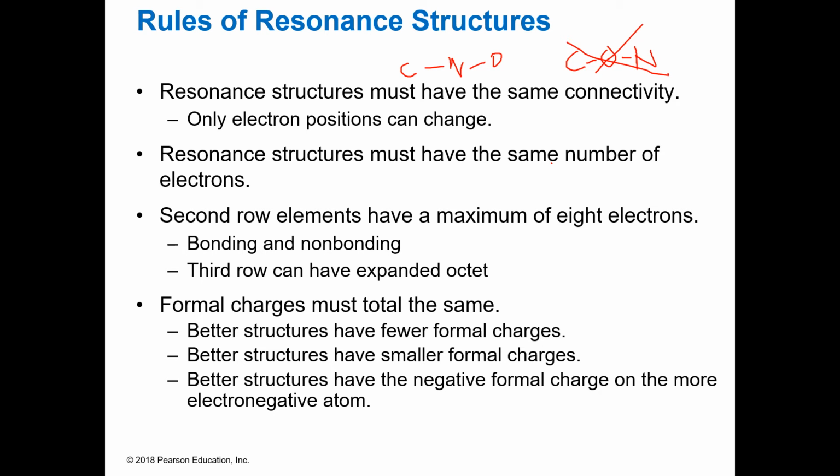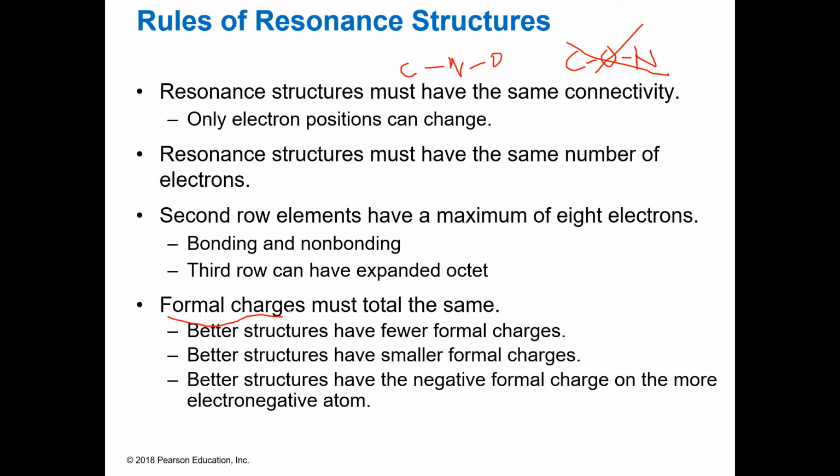Resonance structures should have the same number of valence electrons. We know that second row elements have a maximum of 8 electrons. The third row and above can have an expanded octet. And when we look at formal charges, the total must be the same for each resonance structure.